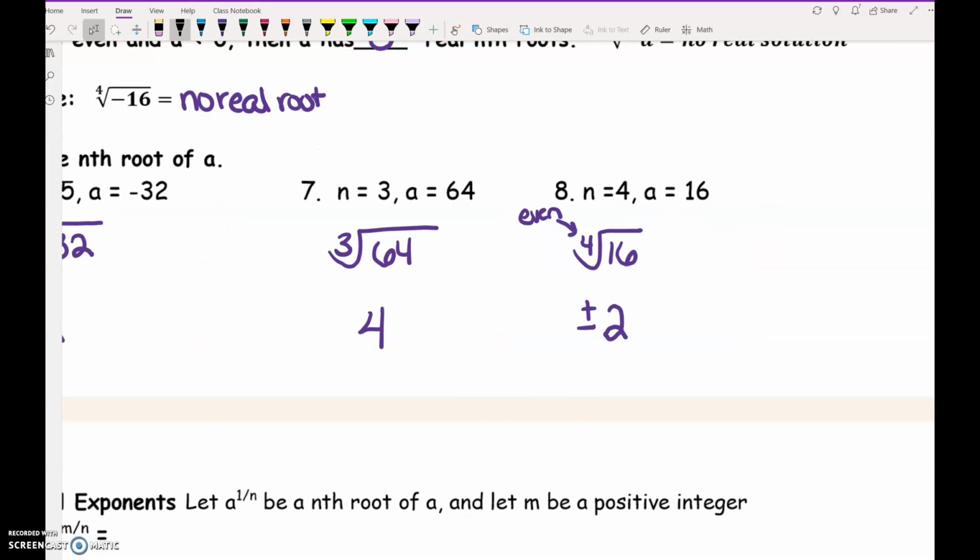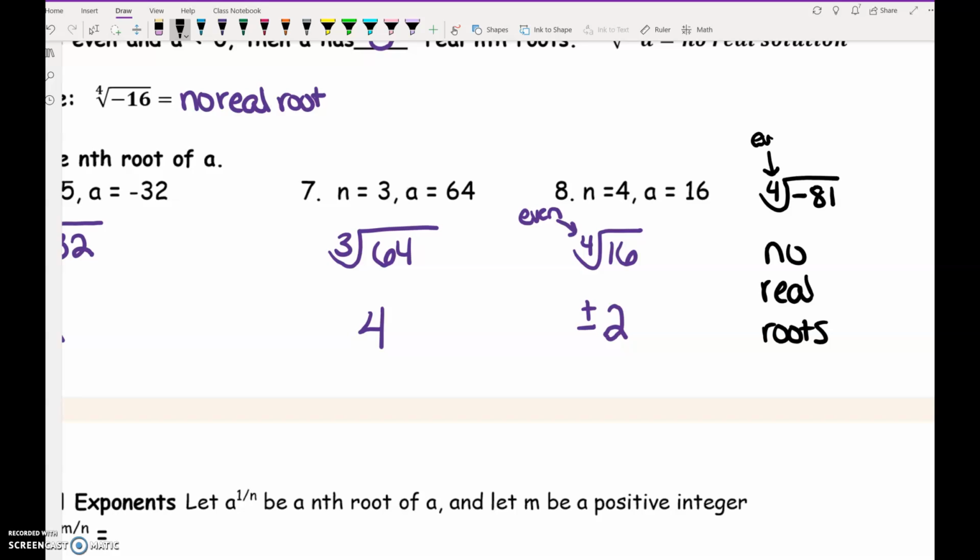And then, just for kicks, what if we had the fourth root of negative 81? No real roots.